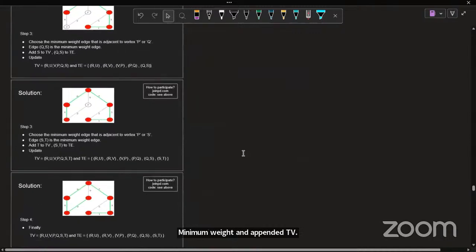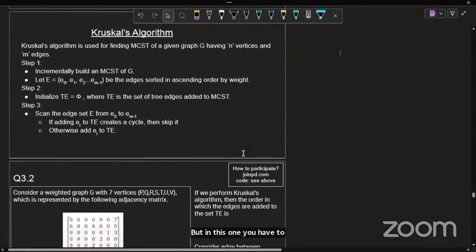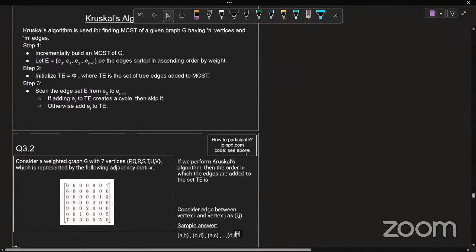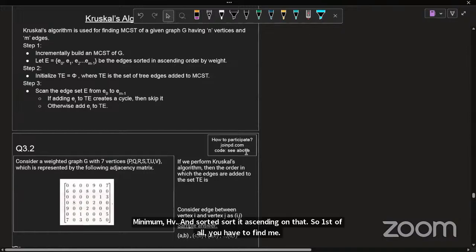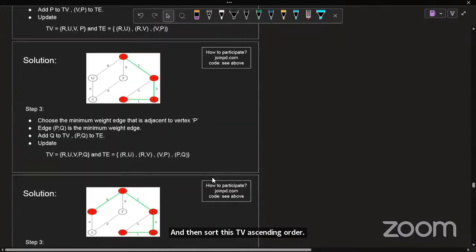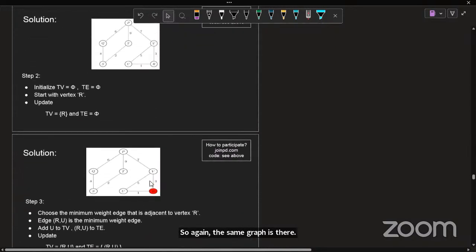But in this one, you choose the minimum edge weight and sort in ascending order. So first find TE and then sort it in ascending order. The same graph is there.